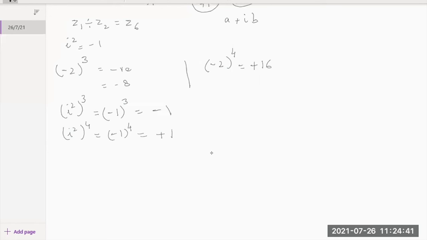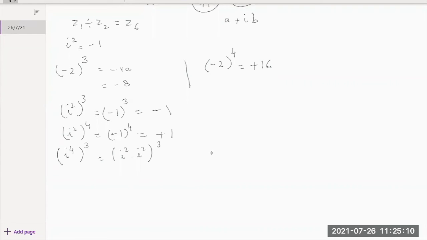Now, let's see. If I write i to the power of 4, to the power of, let's say, 3. I to the power of 4 will be what? I squared into i squared, raised to the power of 3. This is minus 1, this is minus 1.